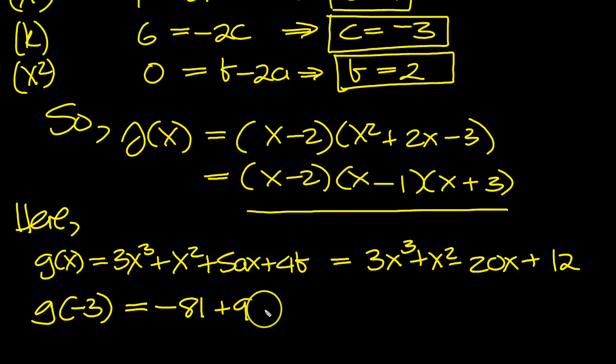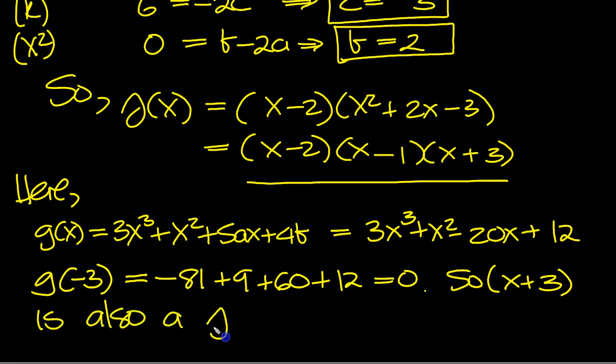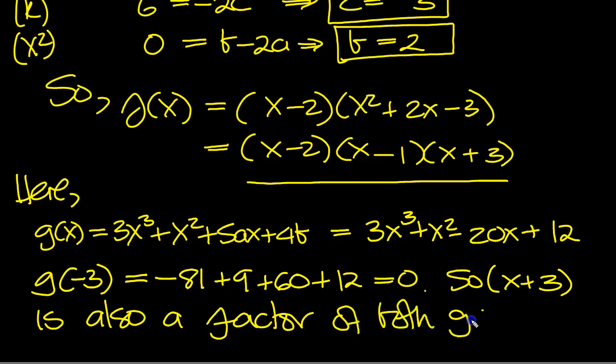Minus 20 times minus 3 is plus 60, and then plus the 12. 72, 81, take 81 equals 0. So x minus 3 then, so x plus 3. So x plus 3 is also a factor of g. Of both g and f.